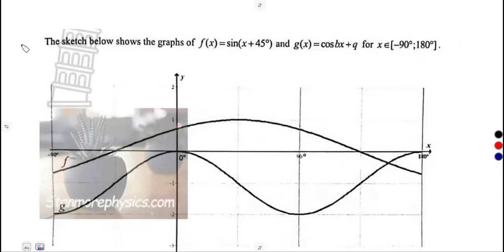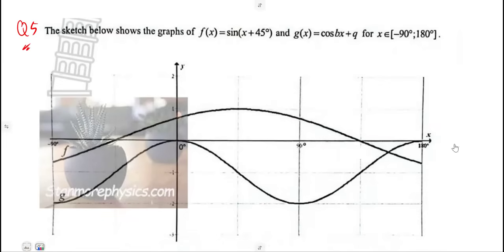So that's on question number 5. We are given the sketch below. It shows the graphs of f of x, and also the one of g of x. All right. So if we are to study, this is the graph of our f of x from negative 90 up to positive 180.